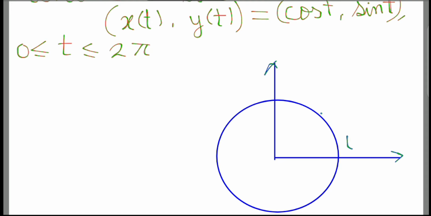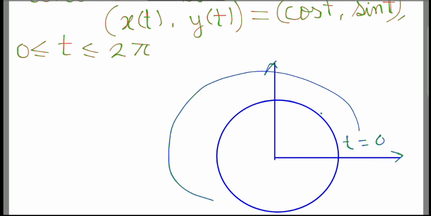You start from t equal to 0 and take a complete turn to t equal to 2 pi. As theta changes from 0 to 360 degrees, we get a closed curve, and for Green's theorem, we need the curve to be closed.